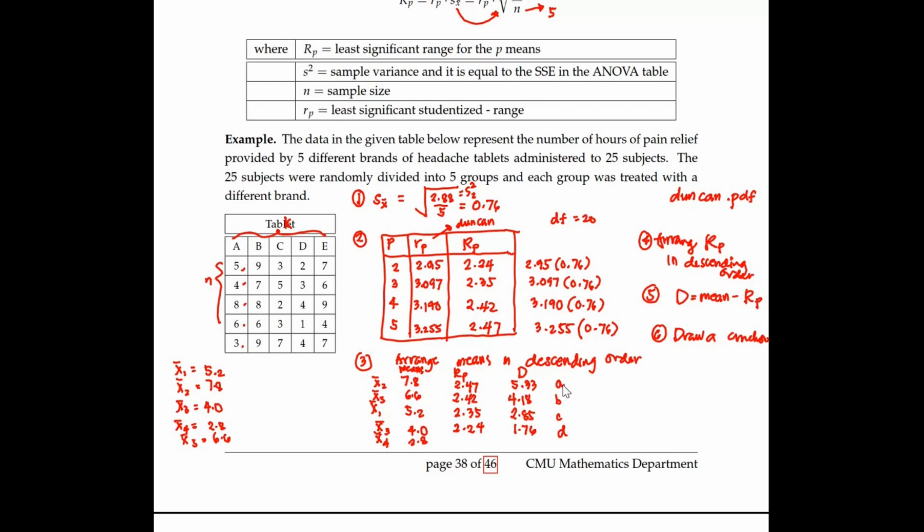Since we are using the codes here A, B, C, and D, so bear with me. So let's compare 7.8. Is 7.8 greater than 5.33? If the answer is yes, then we will label this as A. Next is 6.6 greater than 5.33. The answer is still yes. So we will still label it with A.